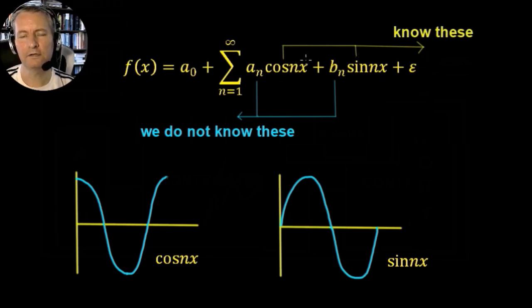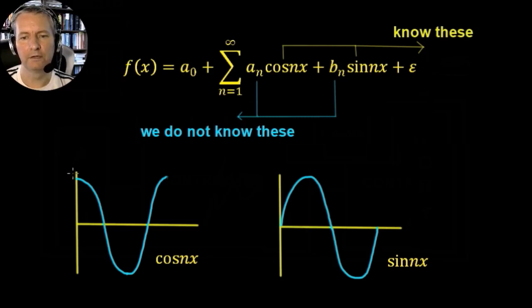So our contention is that we can add up lots of different cosine and sine functions and approximate this other function f of x. So as with the Taylor series, we know these values cos nx and we know the values sin nx, but we don't know the coefficients an and the bn's, and we have to try and find a method of working out what those coefficients are.